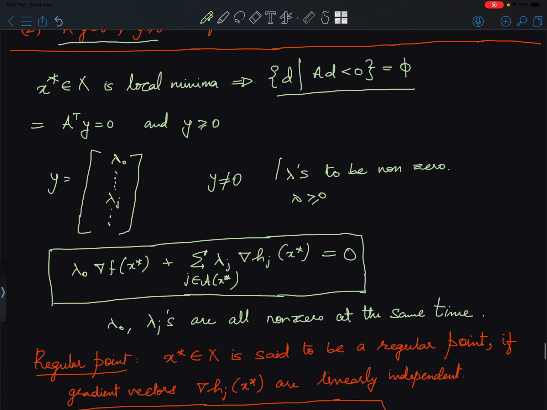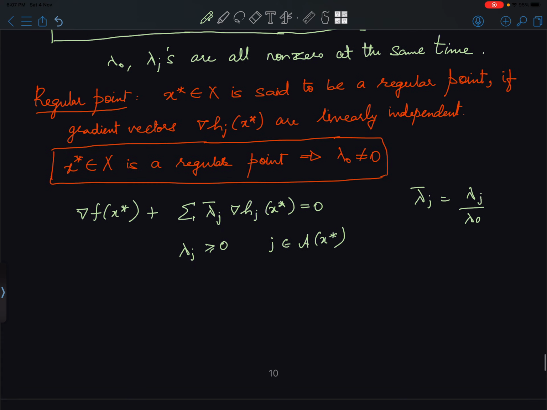This is my final condition in lambda bar. So now let's see, suppose i does not belong to the active set of x star, what can we say?